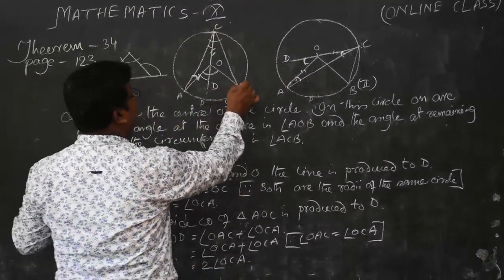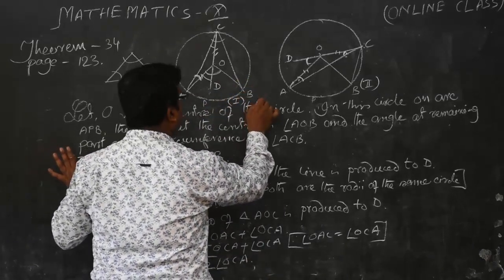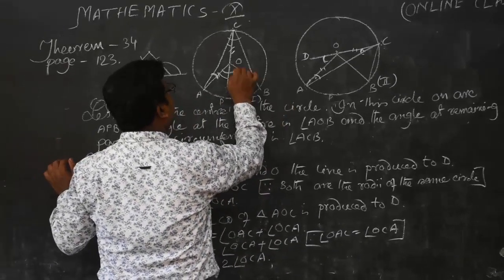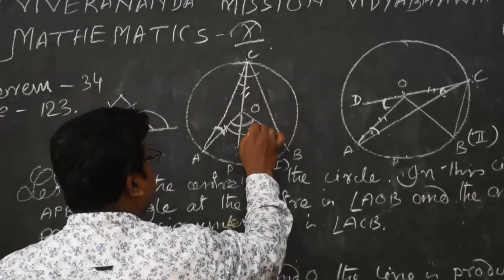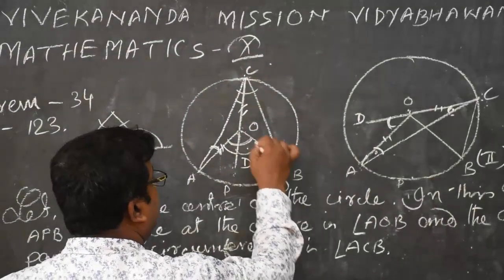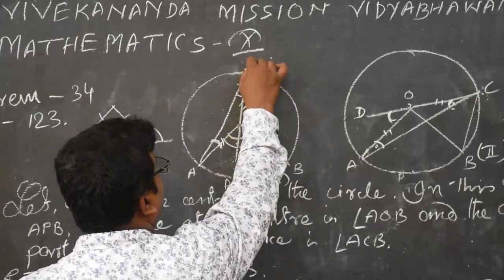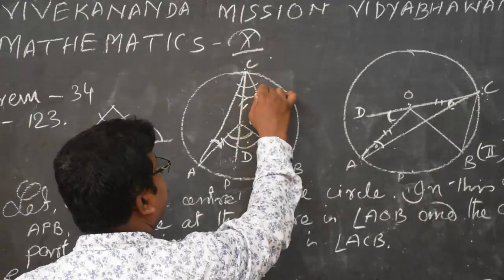Similarly, from figure number 1, from triangle BOC, side CO is produced to D. So this angle equals angle OBC plus angle OCB, I mean this angle plus this angle.